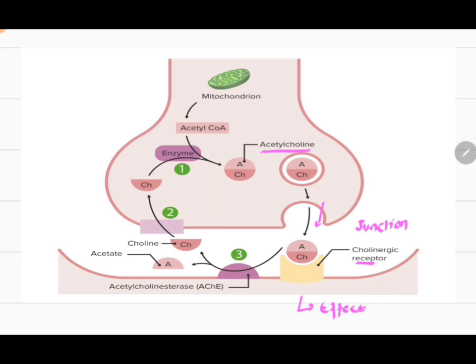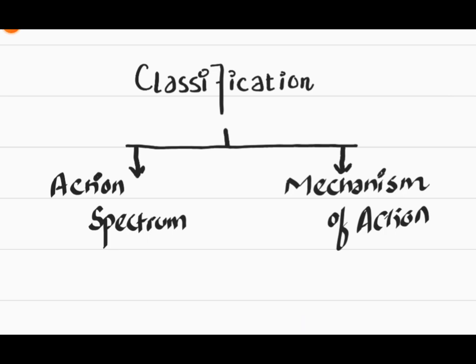Now, the parasympathomimetic drugs are the drugs that mimic the effect of acetylcholine. We can classify the parasympathomimetic drugs in two manners. Number one is on the basis of their action spectrum, that is, whether they act on the nicotinic receptors or the muscarinic receptors. And the other mode of classification is by the mechanism of action.